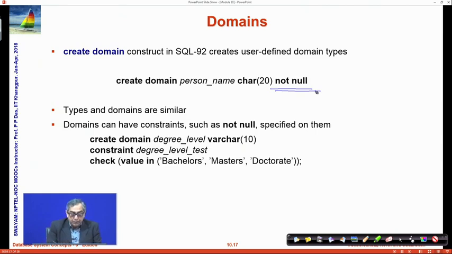Once you have said that this person name is 20 characters long and it cannot be null, then every time you define a field based on this domain type, you do not have to specifically say that it is not null. You could also create specific constraints in terms of the check clause and make it easier. So, now if you say degree level, you do not have to put the check clause explicitly in the SQL query, because it is already specified in the created domain.